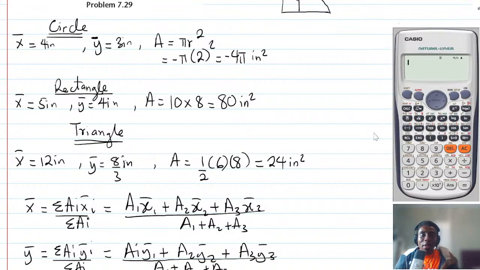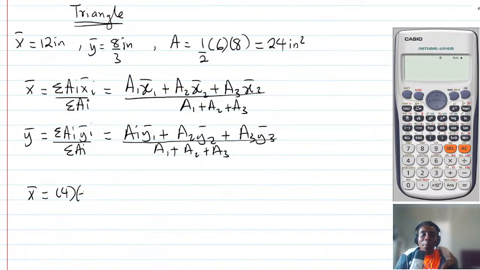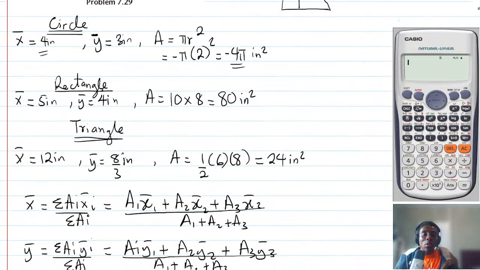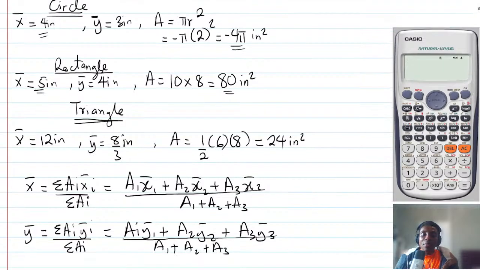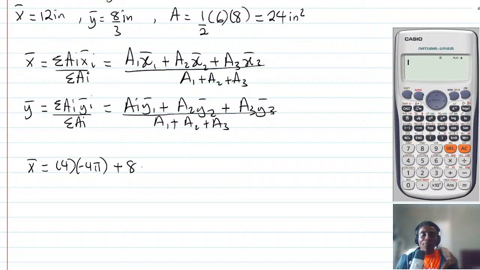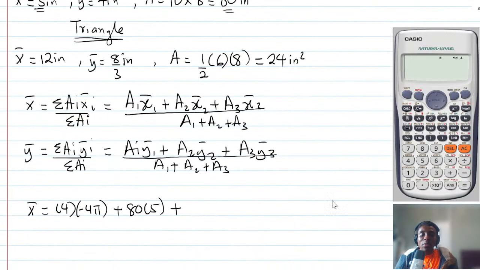So a1 from the circle is minus 4 pi. Then you multiply by x bar 1, which is 4. So it's going to be 4 multiplied by minus 4 pi, plus a2 x bar 2, which is 80 and then 5, plus a3 x bar 3, so 24 and then 12.